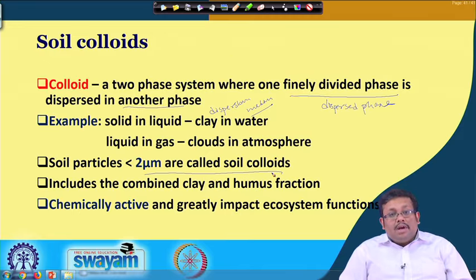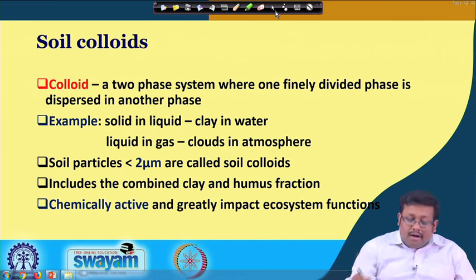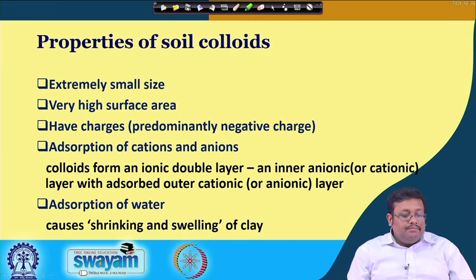These soil colloids are very much chemically active, and they greatly impact ecosystem functions. In coming days we'll learn how they impact different soil chemical as well as soil physical processes. So let us go to the properties of soil colloid.